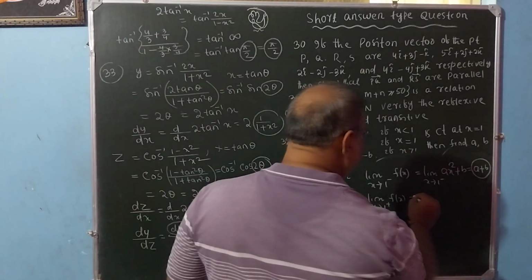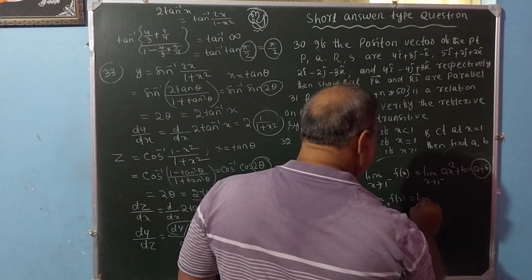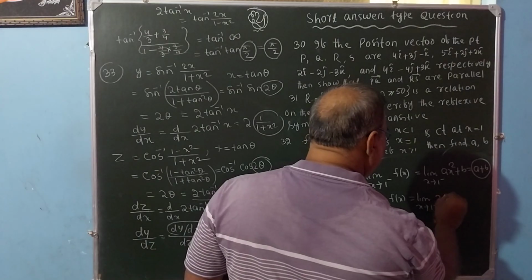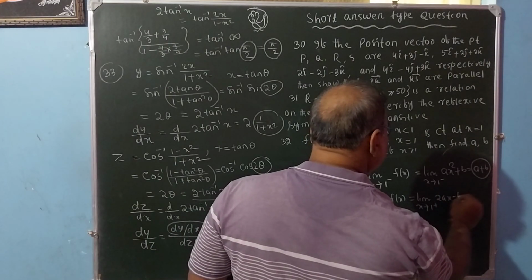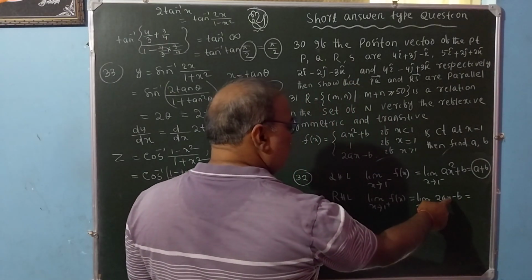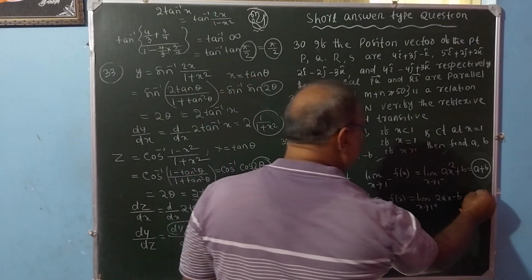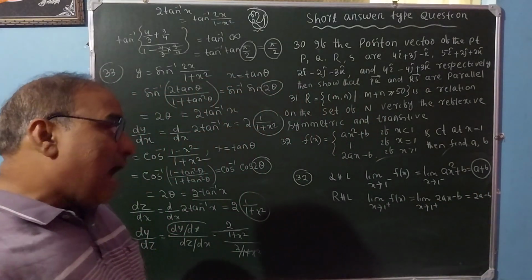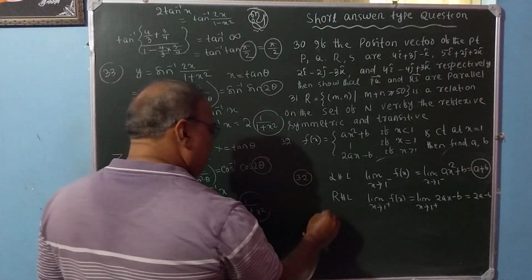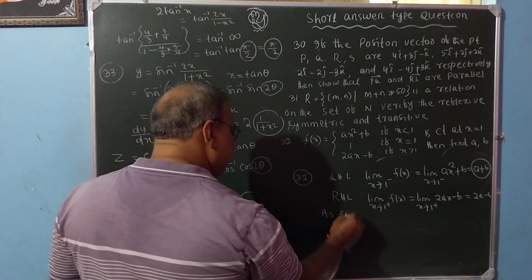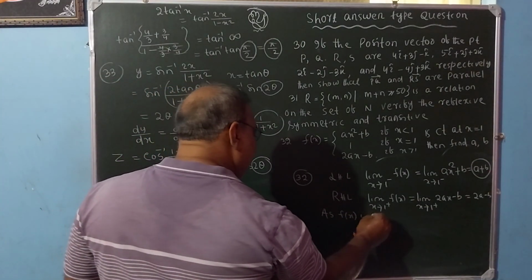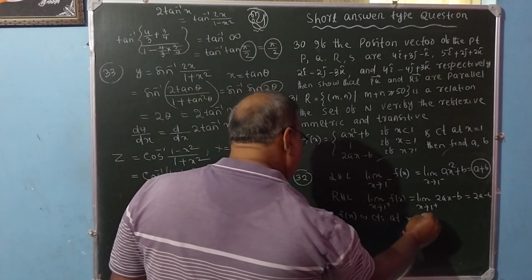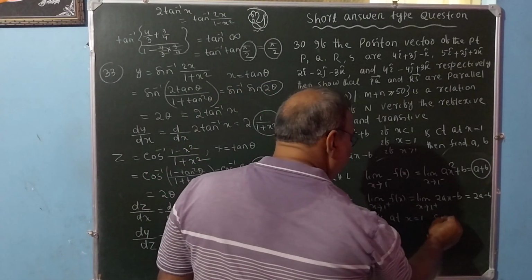So write down limit x tends to 1 plus, here it is 2ax minus b. So put x is equal to 1, 2a minus b.